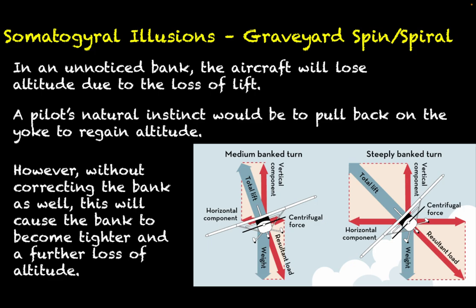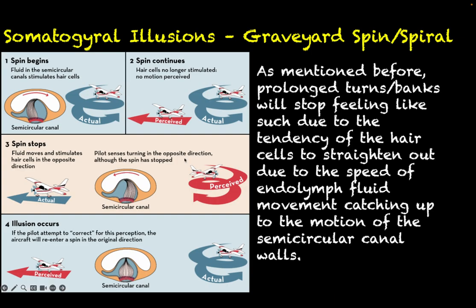However, without correcting the bank as well, this will cause the bank to become tighter and tighter and cause a further and further loss of altitude. So that kind of relates back to this graveyard spiral. So when you're in that bank turn, even though you may be in the turn long enough so that it feels like level flight, well, you're still going to be losing that altitude and you're still going to want to pull back on that yoke.